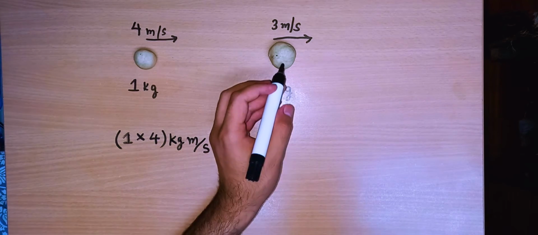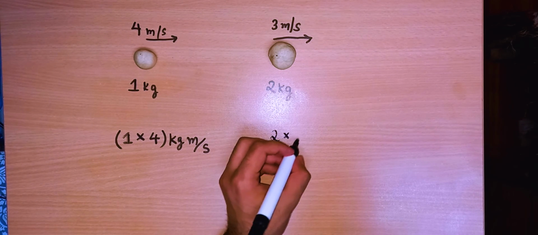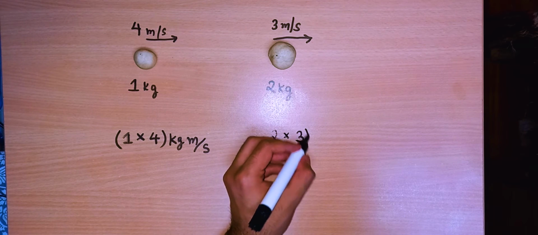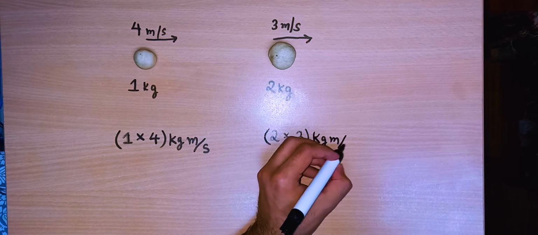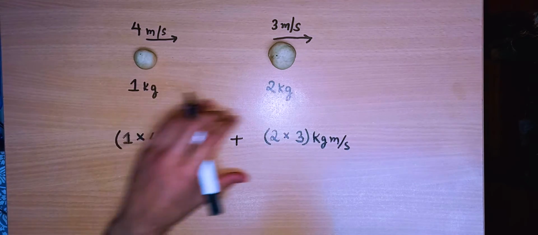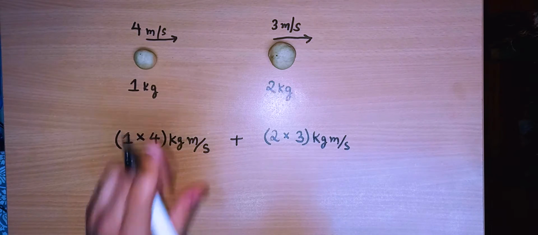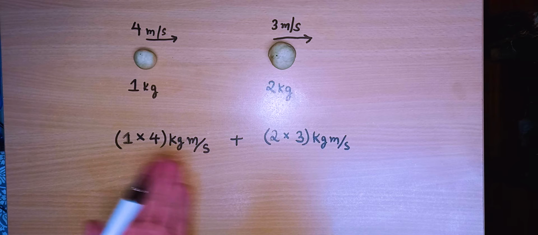Then the momentum of this ball is its mass times its velocity, and we simply add the two.